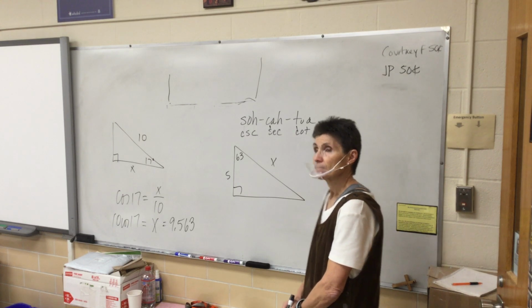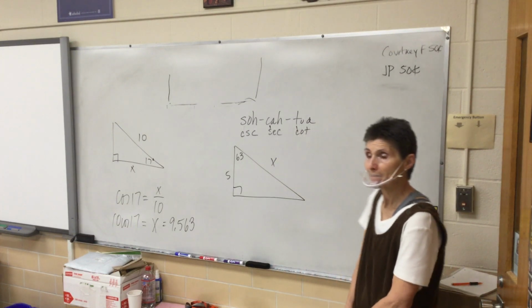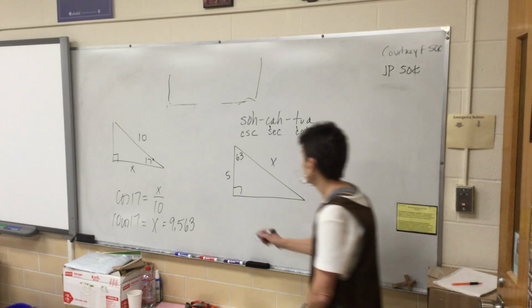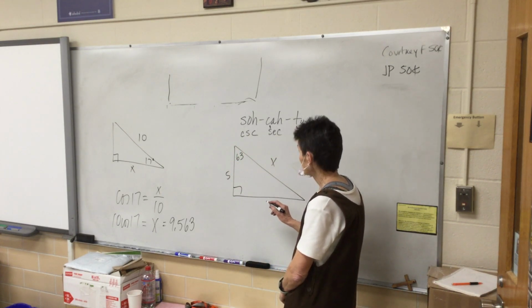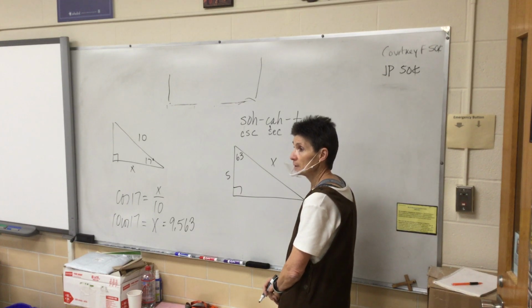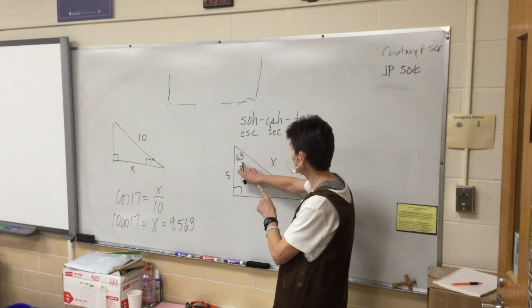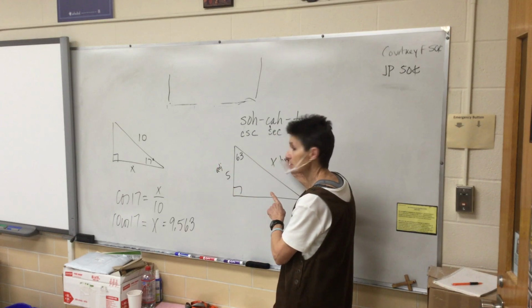We got time for one more. Can you come up with an equation for this one? Sine 63 equals 5 over x. Close. I think it's cosine, folks. With regard to this angle, isn't this adjacent and this hypotenuse?